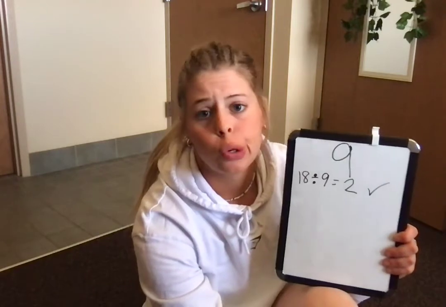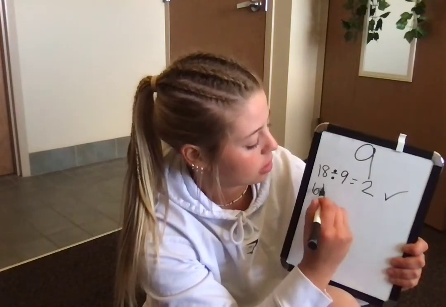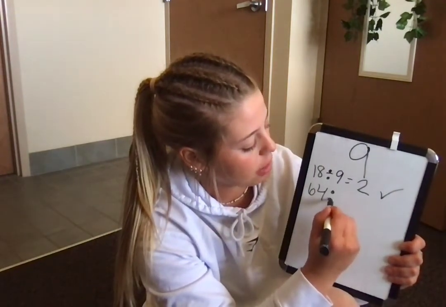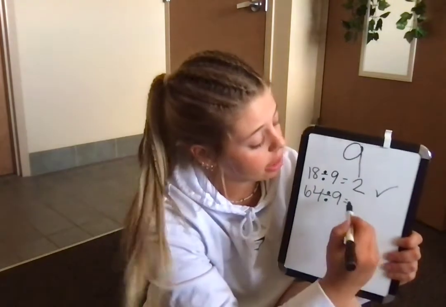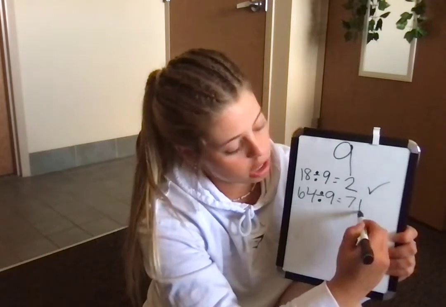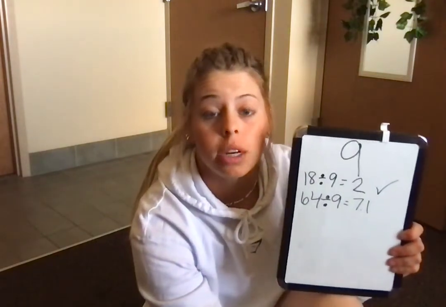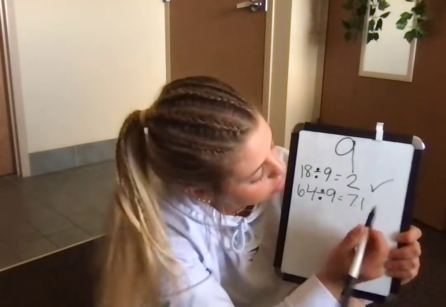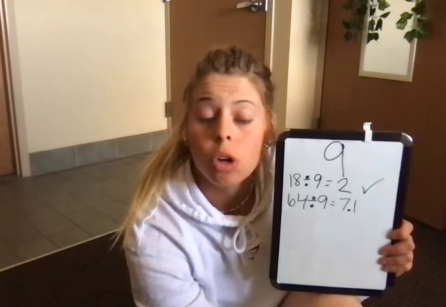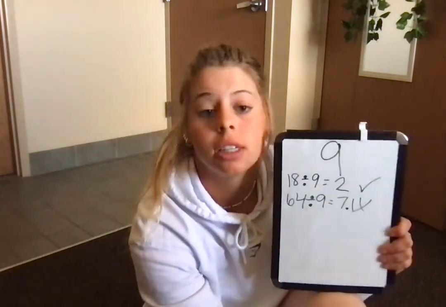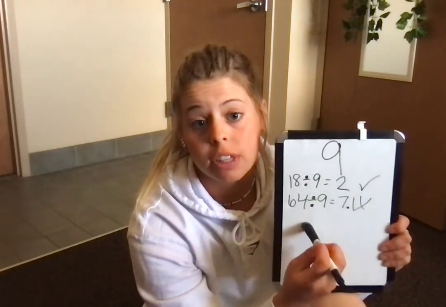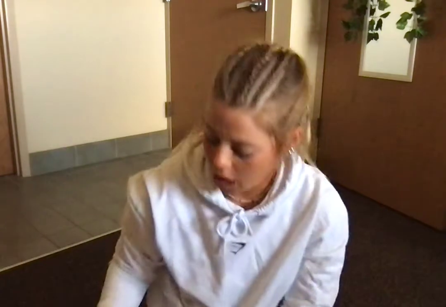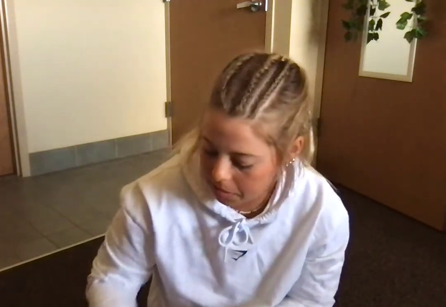But if we chose 64 divided by 9 equals 7.1. Now 7.1 is once again, let me make this darker, a decimal, so it does not go into it evenly, so 64 is not divisible by 9. Alright, and erasing my board one last time.